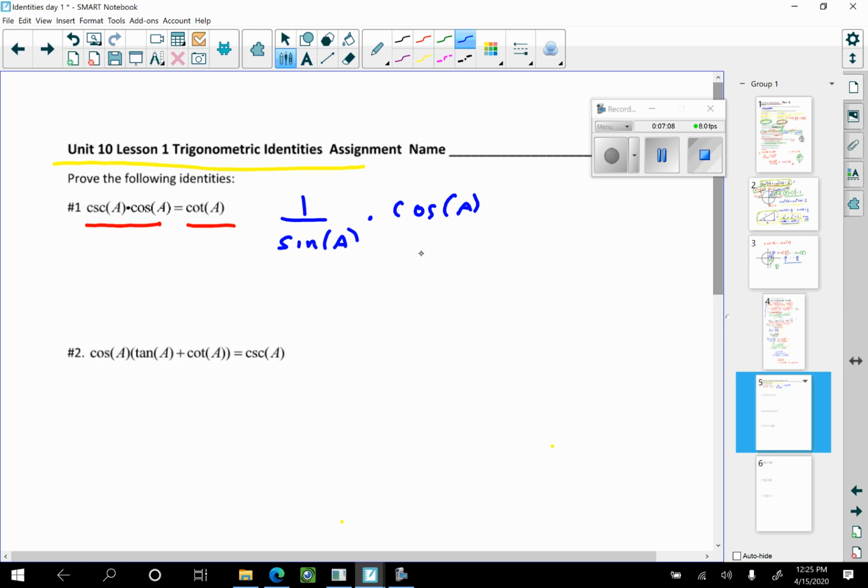And what is that? That is actually equal to cosine of A over the sine of A, which does indeed equal the cotangent of A. This one, ladies and gentlemen, was easy peasy.